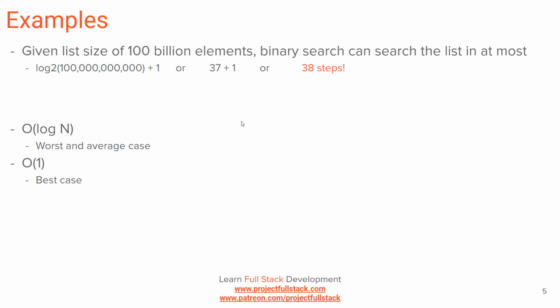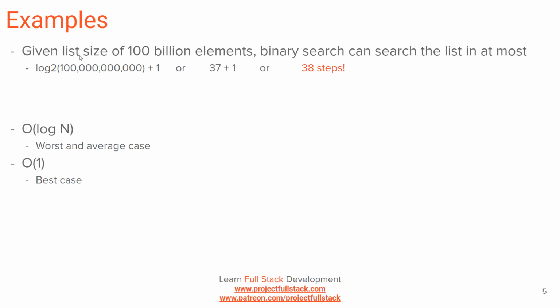By a grand scale, what I did was I looked up how many stars are in the Milky Way galaxy. There's an estimation between like 100 billion to 400 billion stars. So I said, all right, if I have a list with 100 billion elements in it, how fast can I search that using binary search?